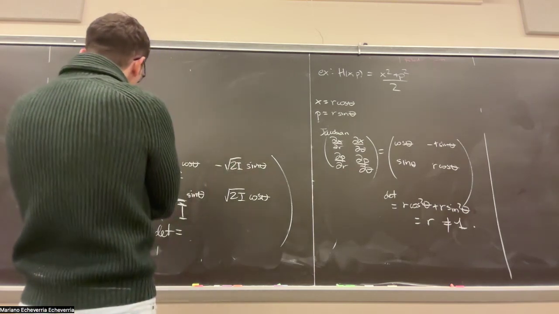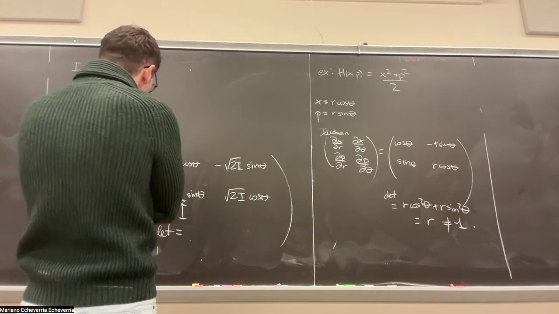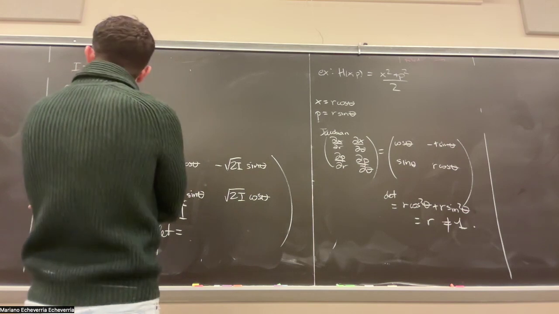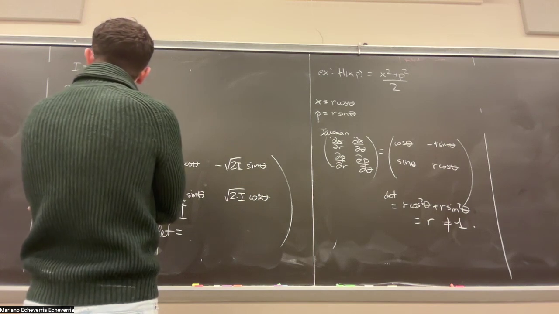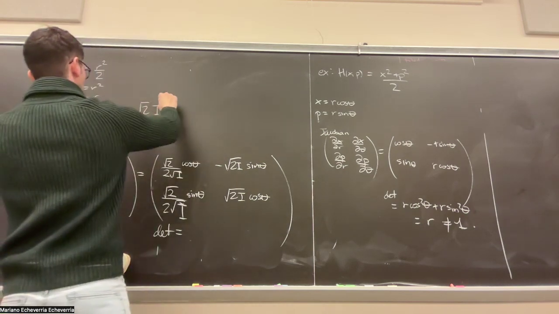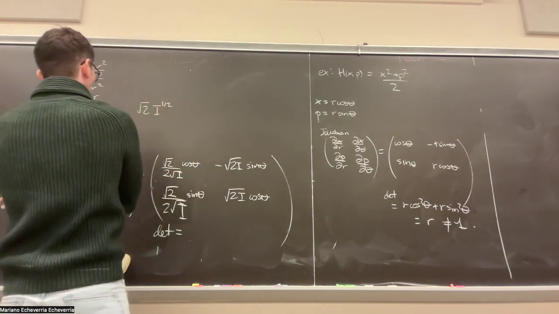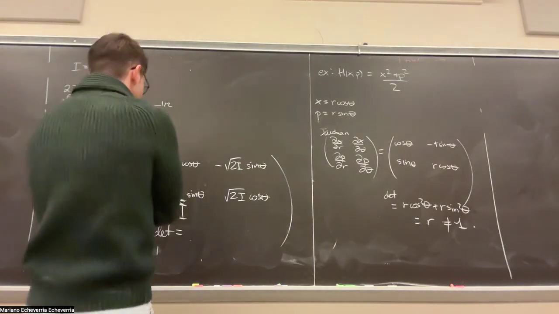I do want to get 1, not 2, so there should be a rescaling happening here. You should get one because at the end you can just use the trig identity, cosine squared plus sine squared.